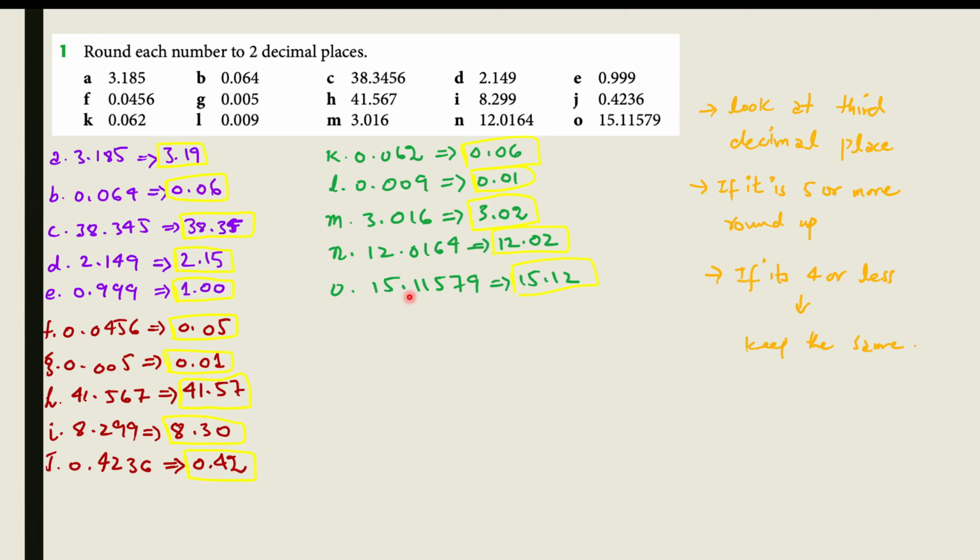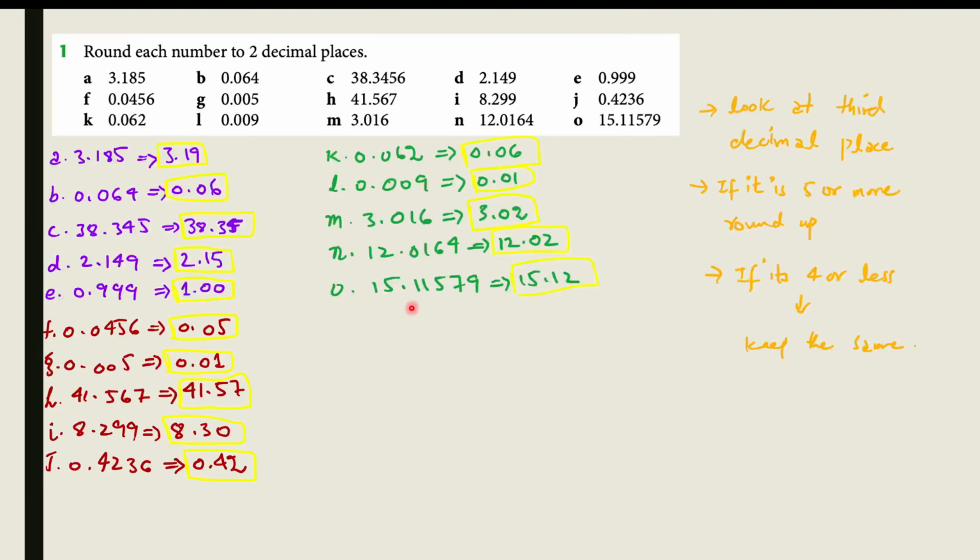Next we have 15.11579. So the third decimal place, we get 5. So since it's 5, we round it up. It means that the second decimal place digit will increase by one number. So it will become 15.12. And the digits after the second decimal place digit will be all removed.